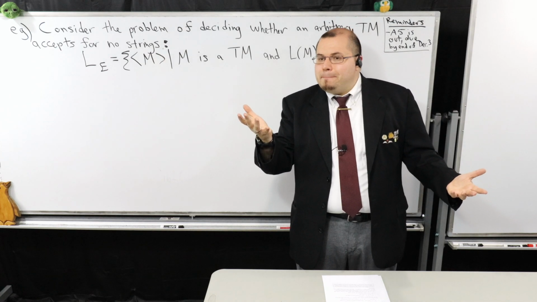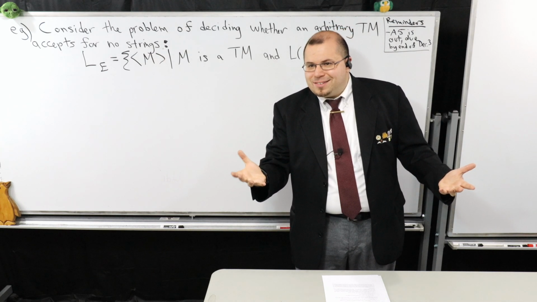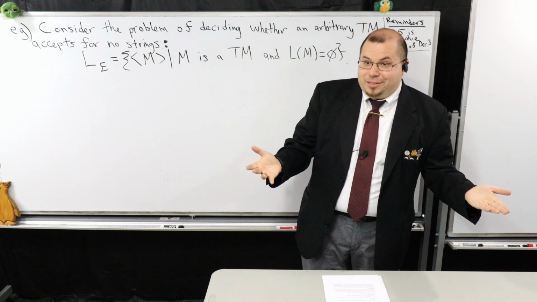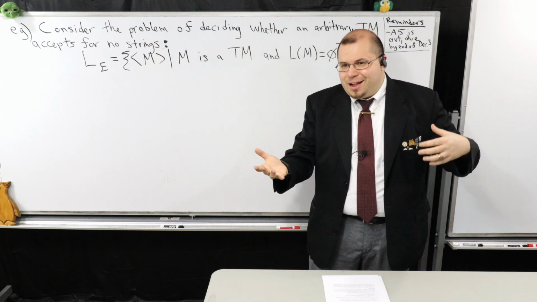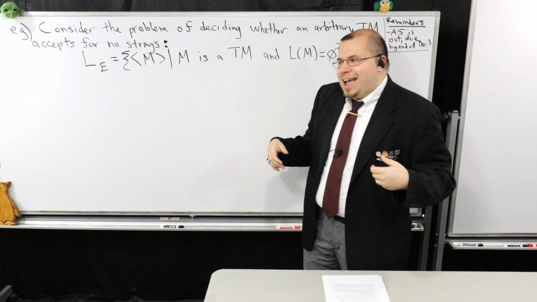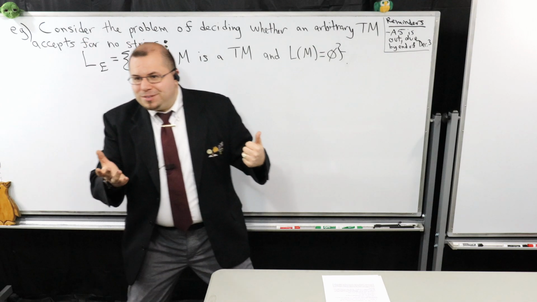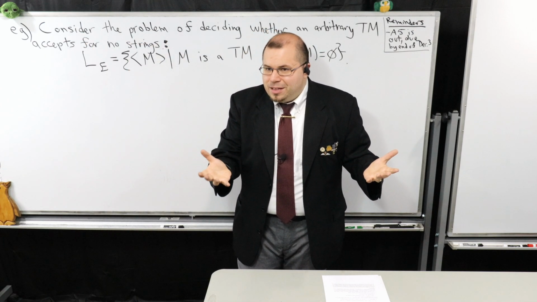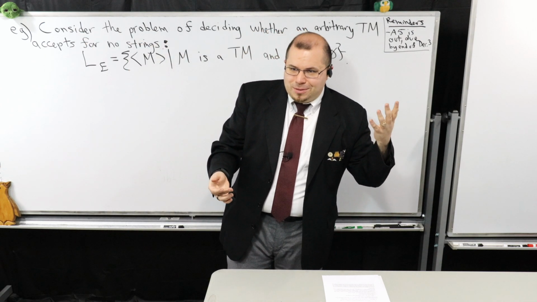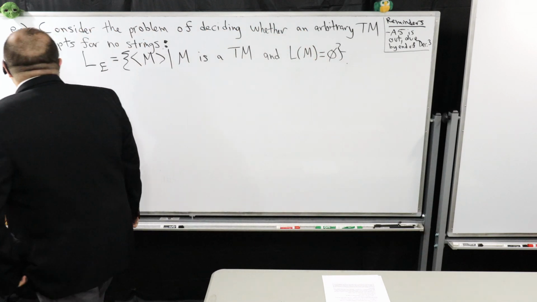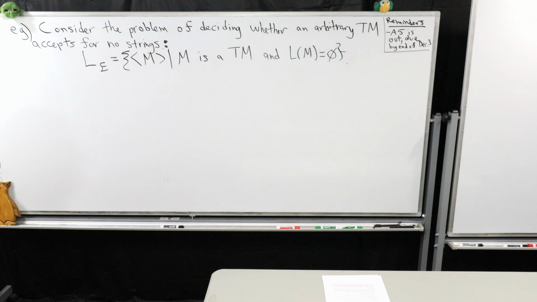I want to map all of the instances of one into the description of the other, so I take one of these and make it look like one of those. Then, under the presumption that I know something about the undecidability of this one, I want to be able to say something about the second language or problem. So we're going to use that same strategy here.